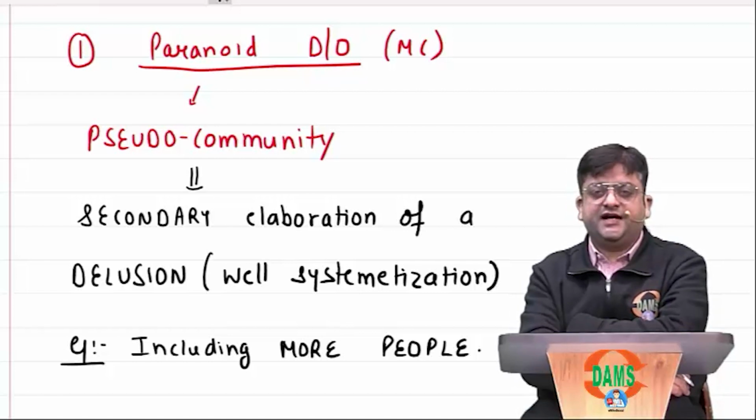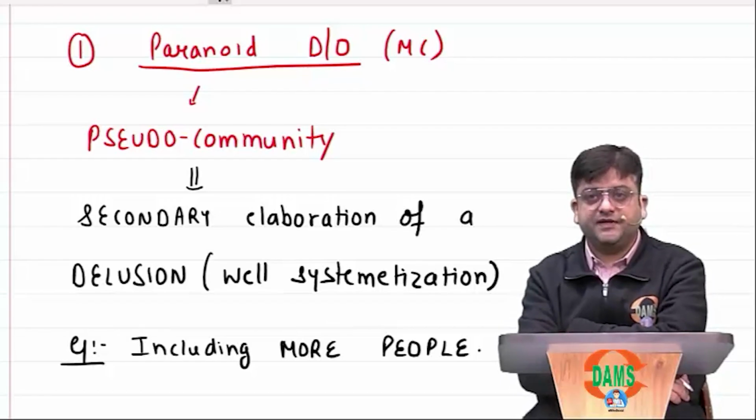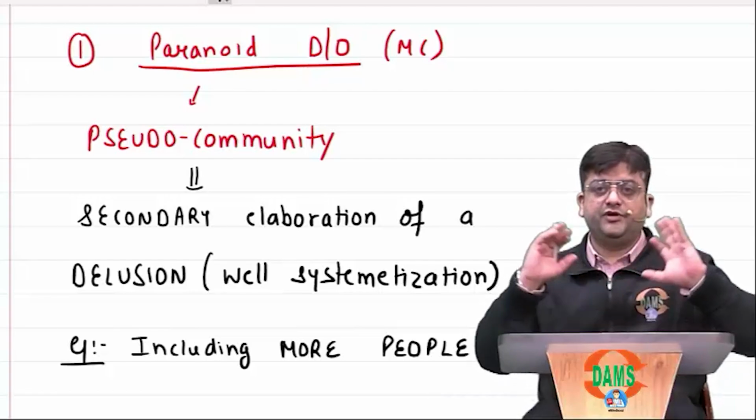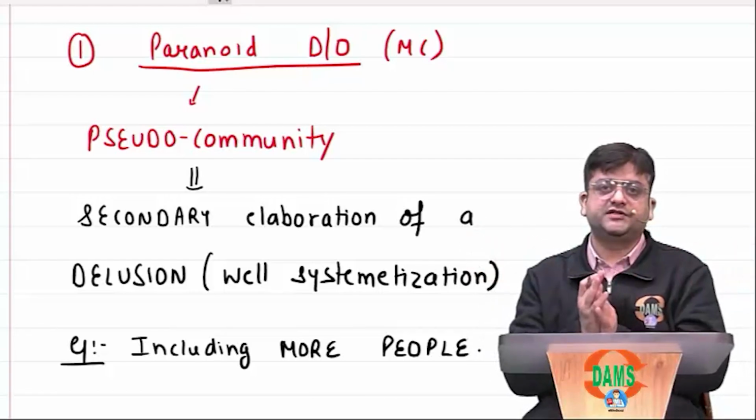Now these three are chit-chatting with three other people of a different office, and now my patient believes six are against him. So in his mind, an entire gang wants to harm him. This phenomenon is called pseudo community, including more people in the delusional system.